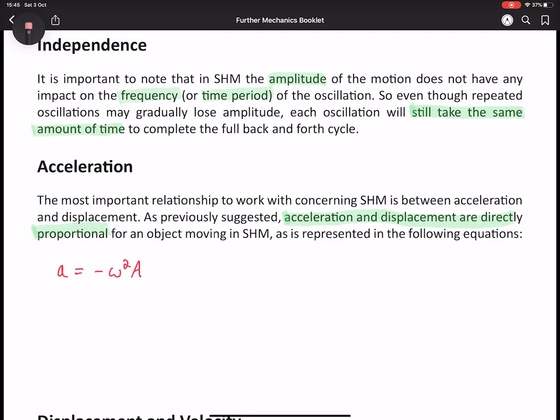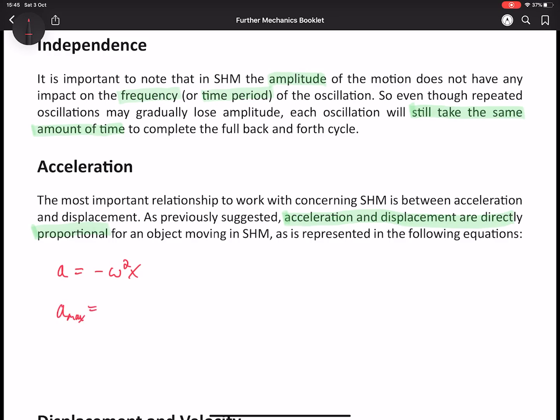So we have omega squared A as our equation, or omega squared X, I should say. Now, X is the displacement. And the reason I put A there originally is because that would be the maximum displacement, that would be the amplitude.